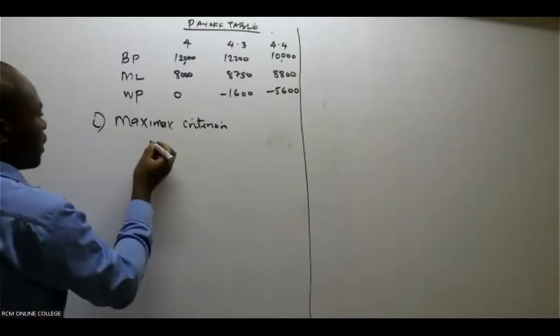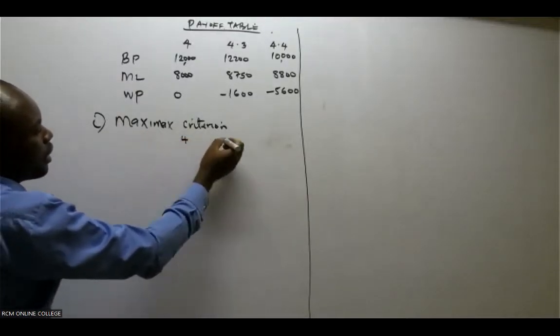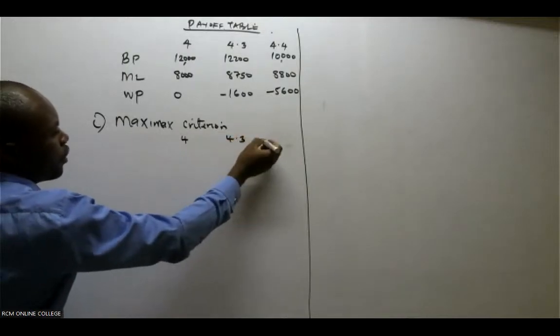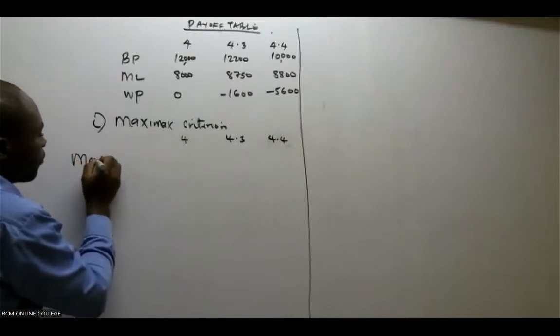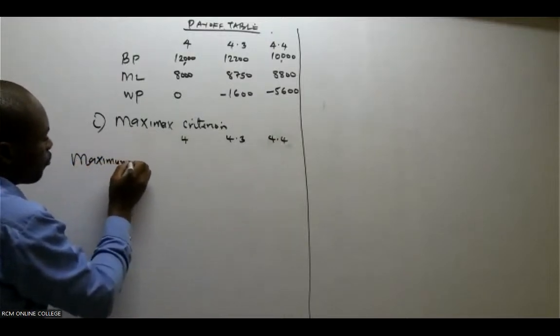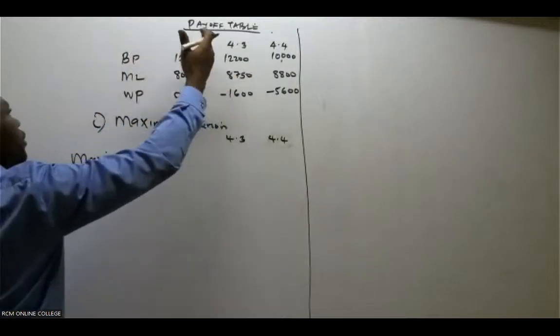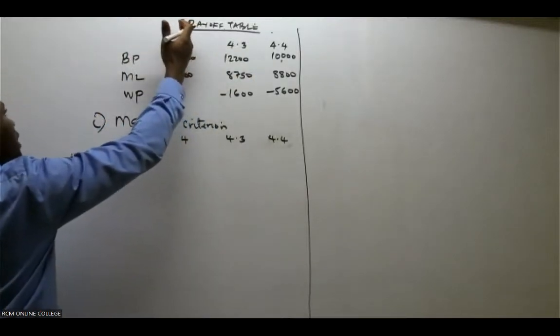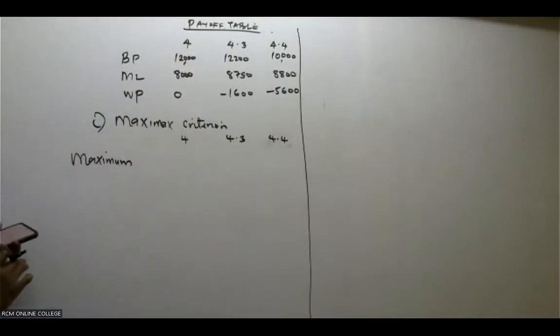Maximax criterion, you maximize. So give us the maximum under 4, under 4.3, and under 4.4. So within all this, when you look at setting the price at 4, what is the maximum figure in that particular column?